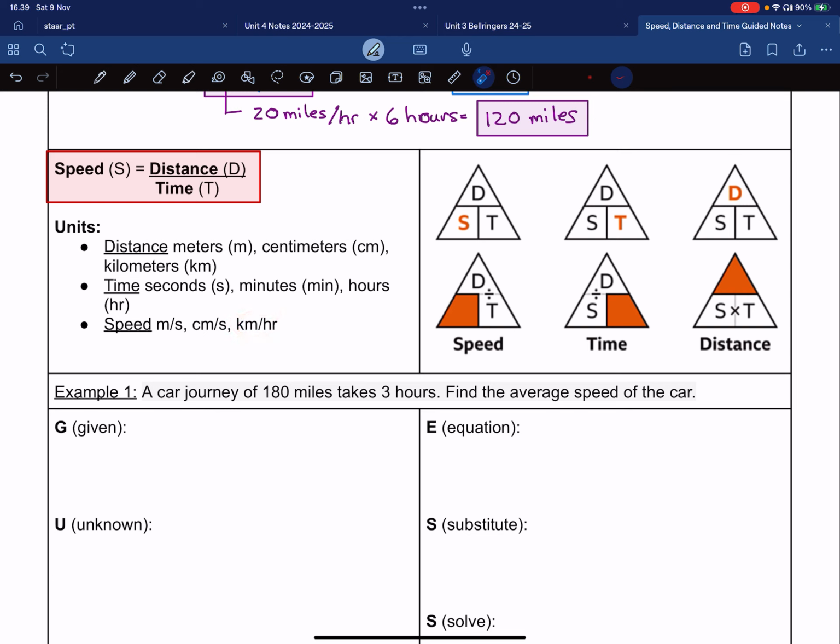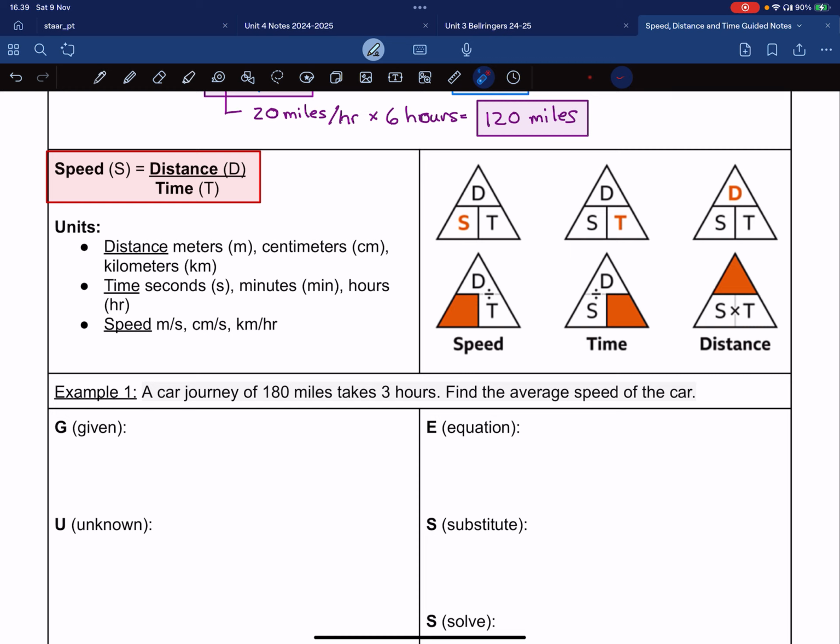Now, there's a method of solving these problems called the triangle method. And basically what it boils down to is you cover the thing that you want to learn or that you want to calculate, and then you do what remains.